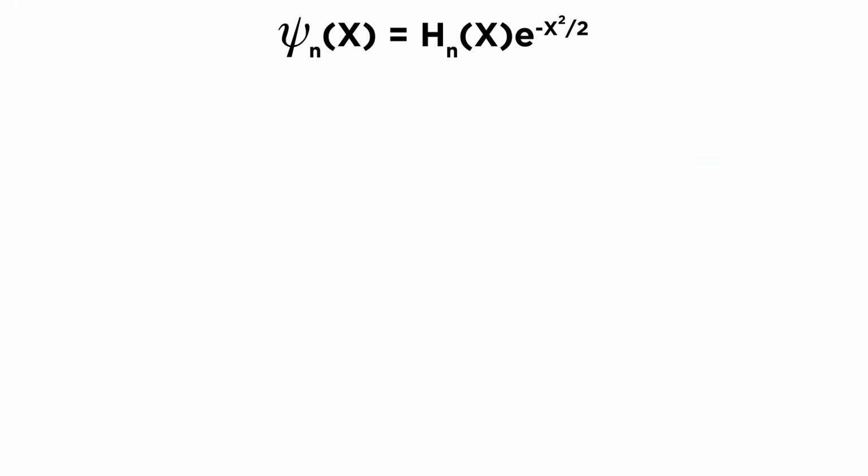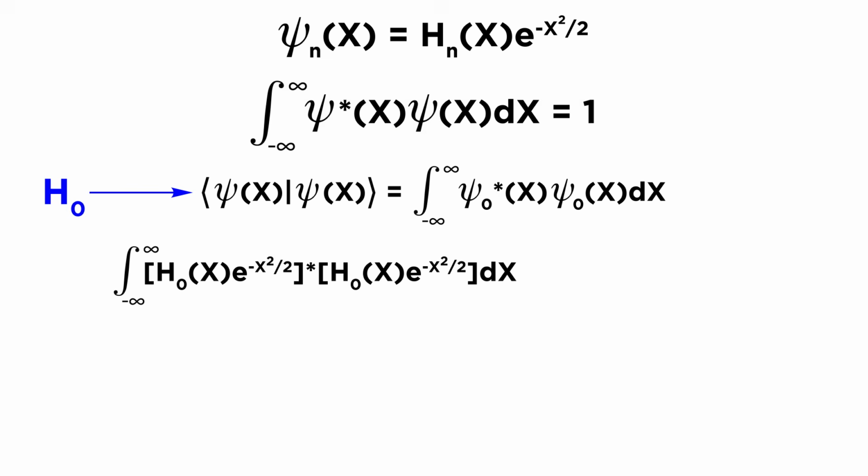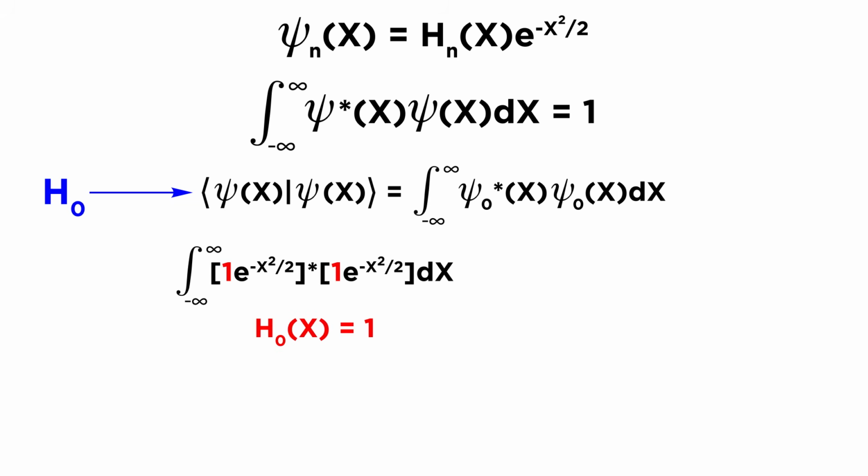Okay, so now as usual, we need to make sure the wave function is normalized. Let's start with the easiest one, h0. The normalization condition, as we recall, involves setting the integral of psi star times psi equal to 1. So let's plug in our expression for psi, and then plug in 1 in place of h0.